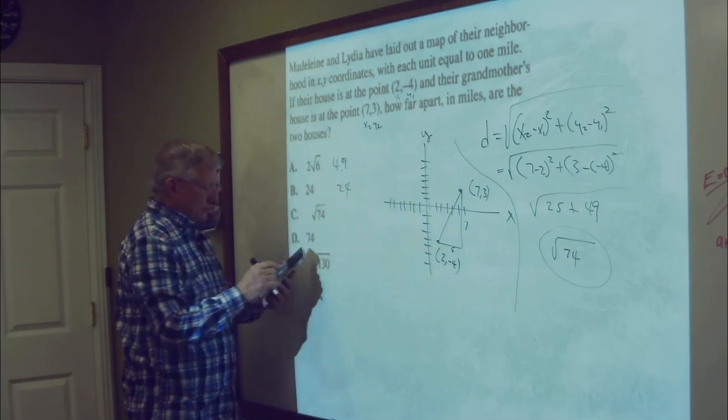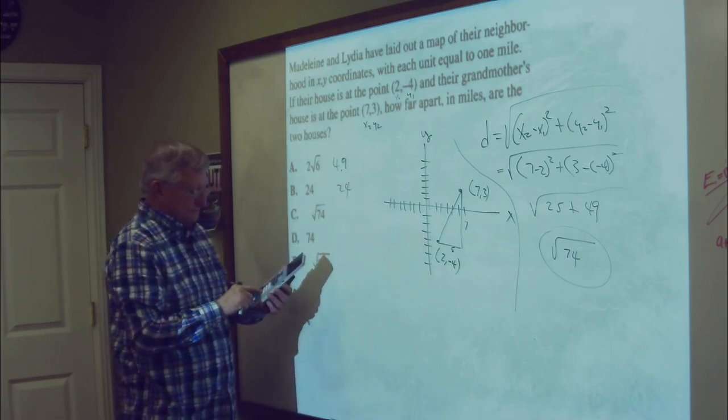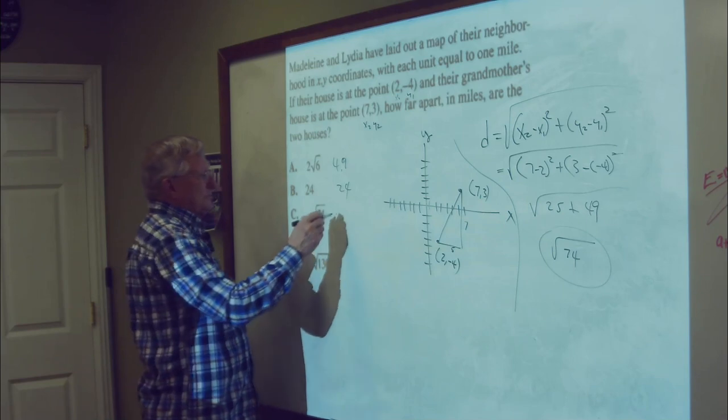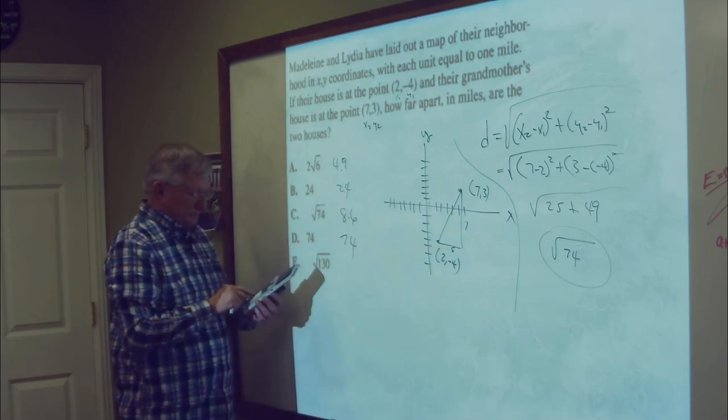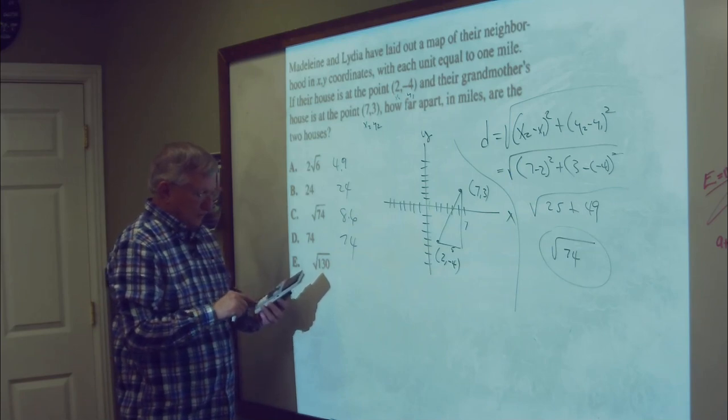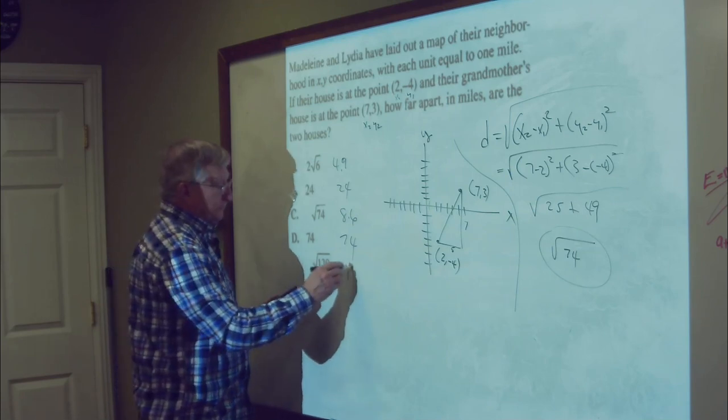Square root of 24. Square root of 74 is 8.6. Square root of 130 is 11.4.